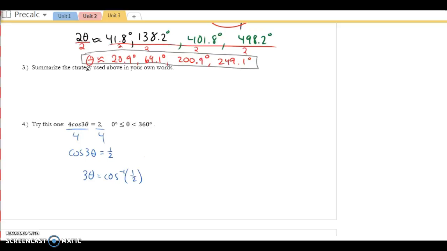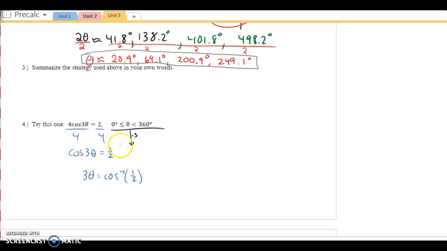Okay, and at this point, we really do need to stop and think about our restrictions. We're going to start getting answers when we put inverse cosine of 1/2 in the calculator, which, by the way, is a special triangle, one with an x value of 1/2. So you can figure this out without a calculator. But anyways, I'll let you use it. So we need to figure out what the restrictions are. If the restriction on theta is that it should be only up to 360, then what about 3 theta?